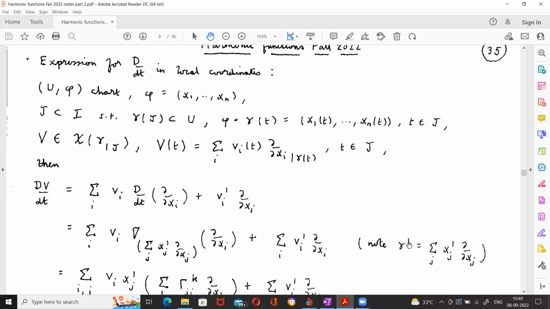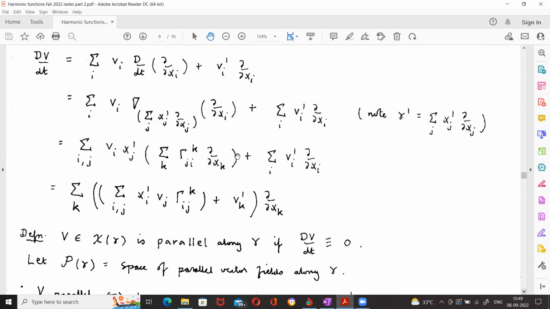And note that gamma prime is the summation over j of xj prime ∂/∂xj. So this becomes nabla sub the sum over j of xj prime ∂/∂xj applied to ∂/∂xi, plus the summation of Vi prime ∂/∂xi.